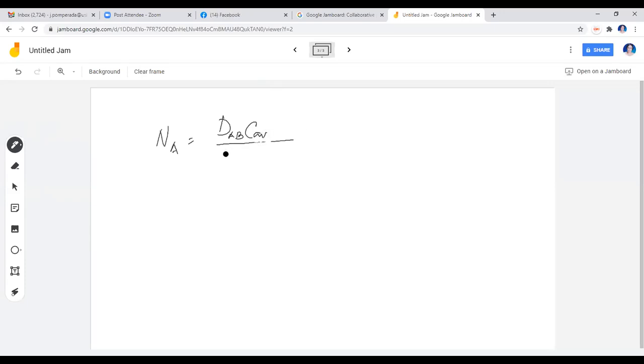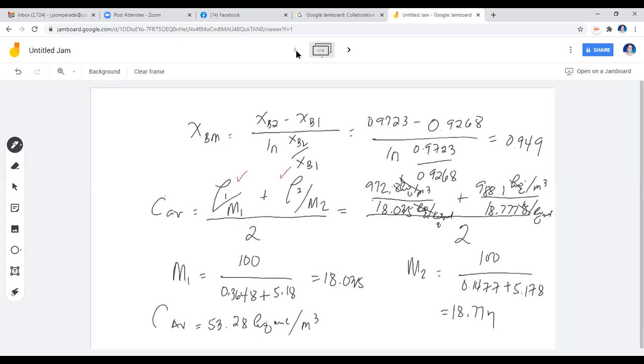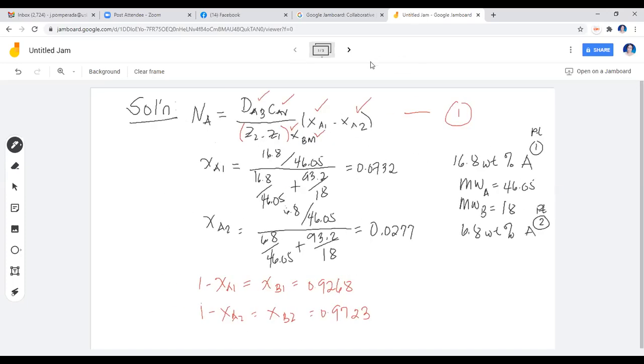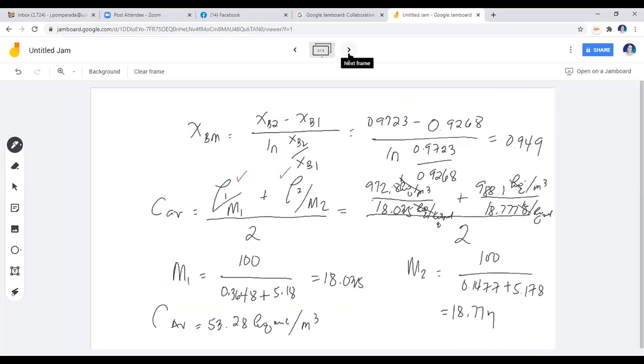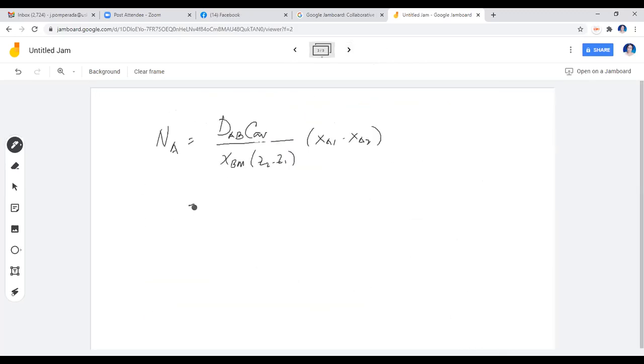Okay, our denominator will have XBM. Then we have Z2 minus Z1. Then we have your XA1 minus XA2. Let me check if I have everything correct. So our formula, now that we have everything there, then we just substitute.